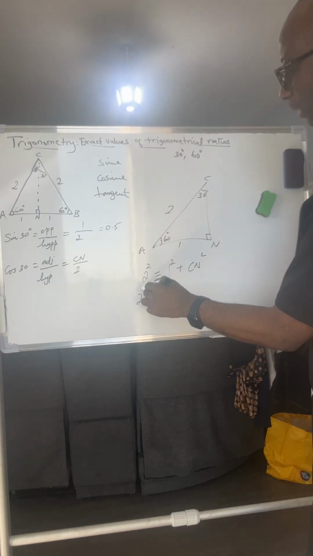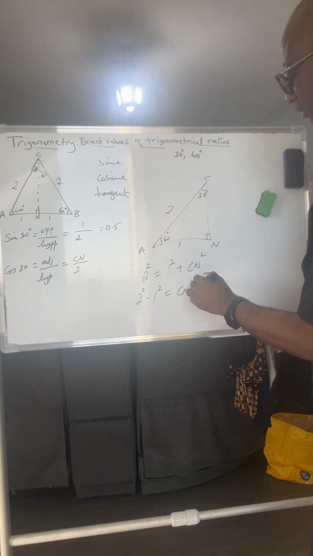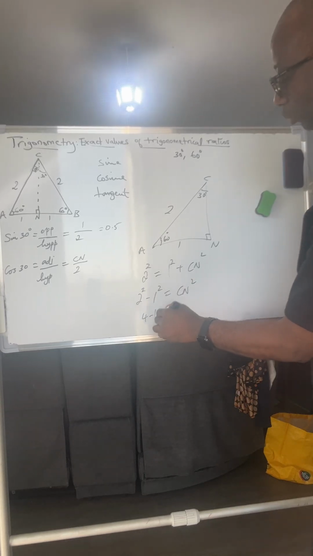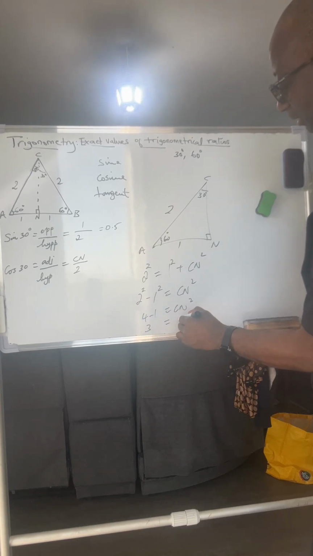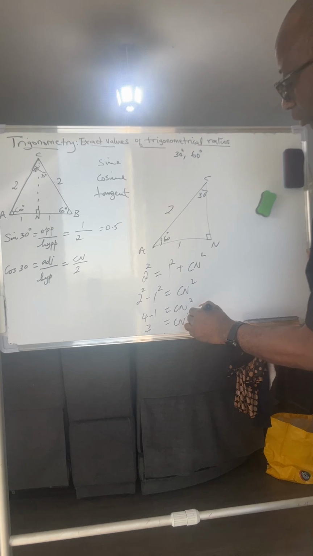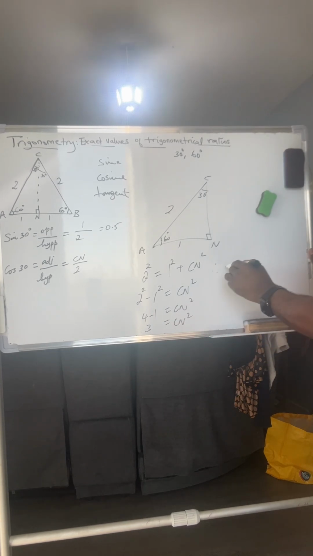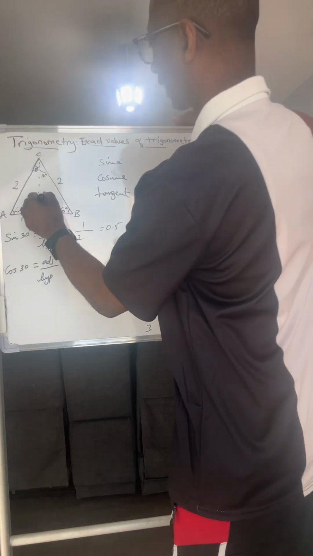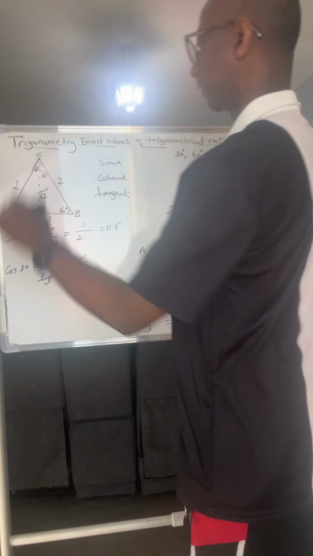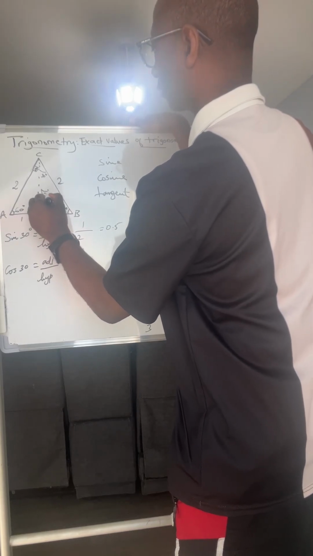So 2 squared minus 1 squared equals CN squared. So this is 4 minus 1 equals CN squared. So this is 3 equals CN squared. Therefore, CN is equal to the square root of 3. So in fact, this side here gives us root 3 by Pythagoras.